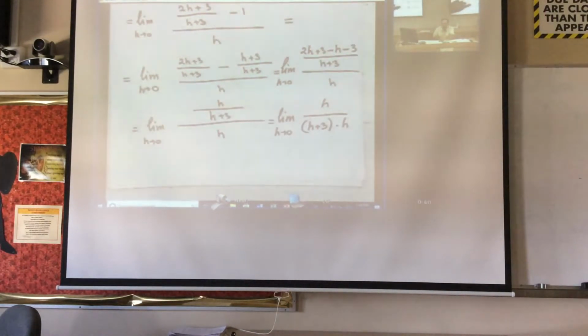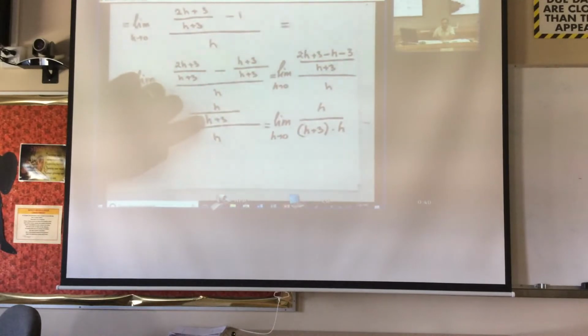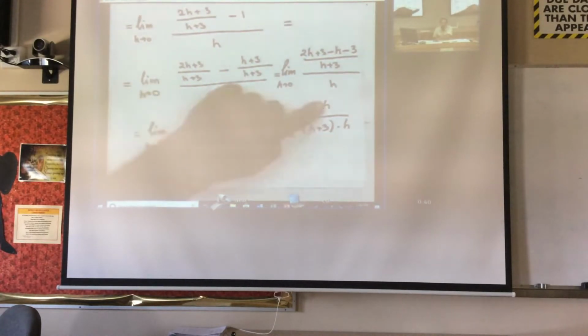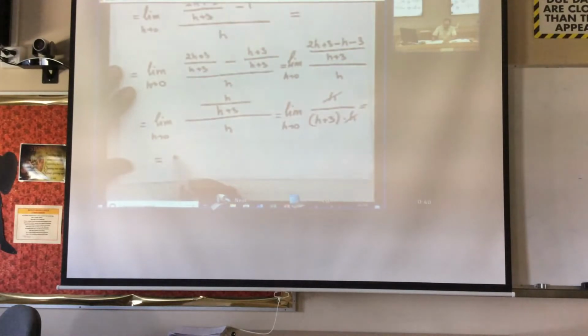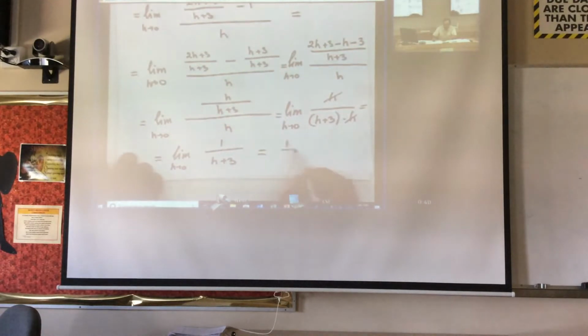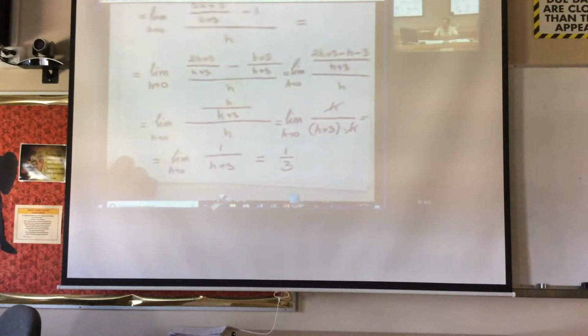So we take this and divide by h, which is multiplication by 1 over h, and that's why it's here. So now we cancel these. So we have the limit as h approaches 0 of 1 over h plus 3. So what will be the answer? 1/3. So that's my slope, that's the slope of the tangent line.